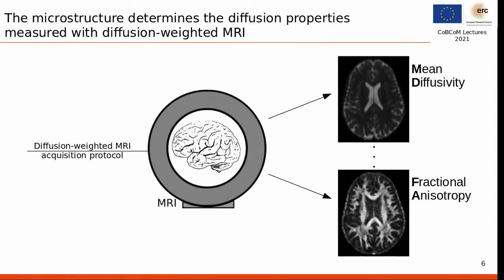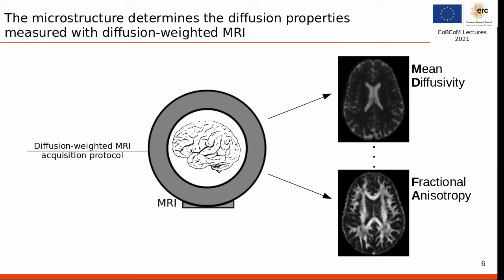So typically what we will do, we will have a subject entering the MRI machine, which has been preset with a diffusion-weighted magnetic resonance imaging acquisition protocol. And then out of this, we will obtain some data that we can process to compute some metrics of the diffusion process, or features of the diffusion process. So for instance, these are mean diffusivity and fractional anisotropy.